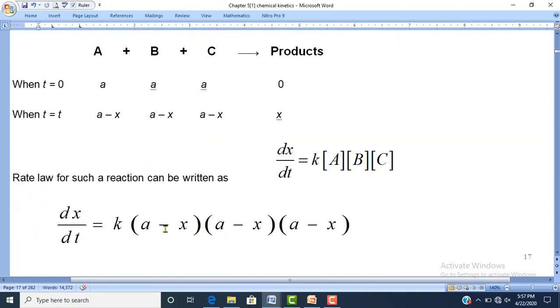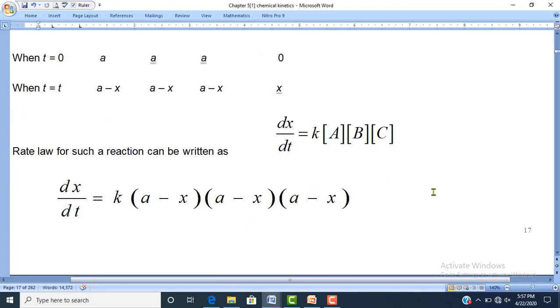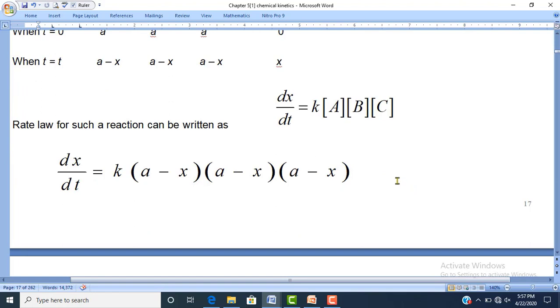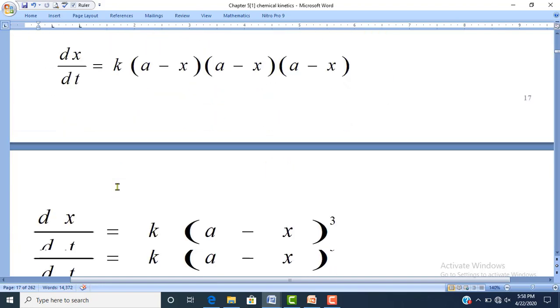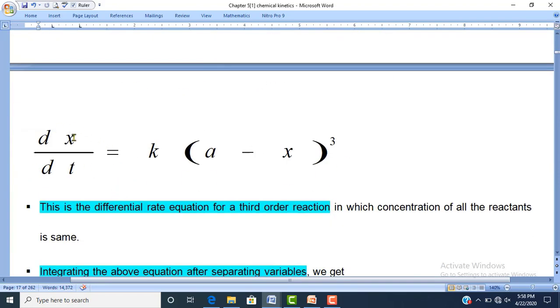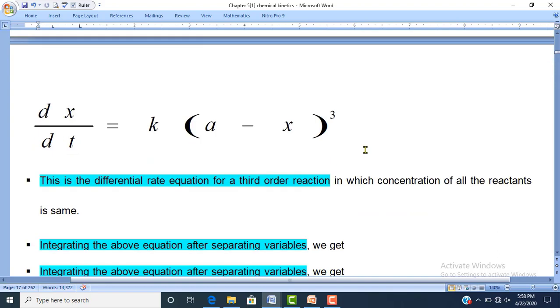So by applying the rate law, dx over dt is equal to k into active mass of A, B, C, and by applying molar concentration, we write this equation dx over dt, that means the rate of reaction, is equal to rate constant k into a minus x into a minus x into a minus x, or simply the rate of reaction for such a type of reaction will be rate constant k into a minus x cube.